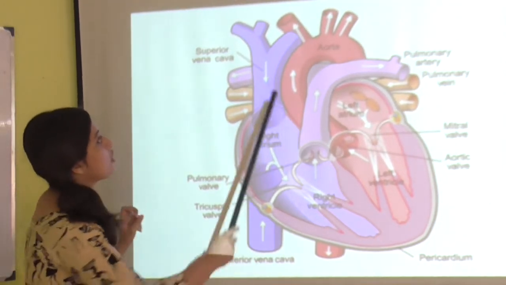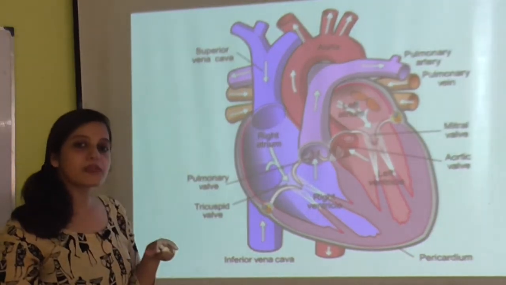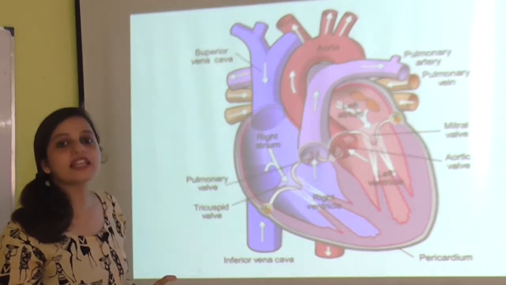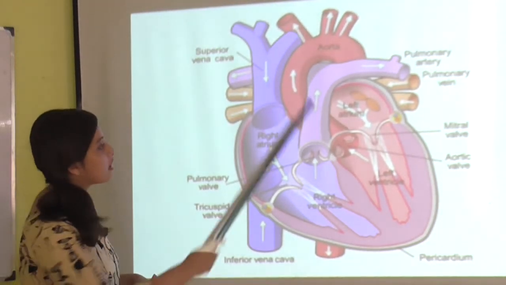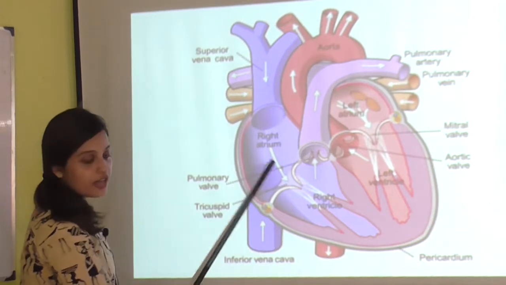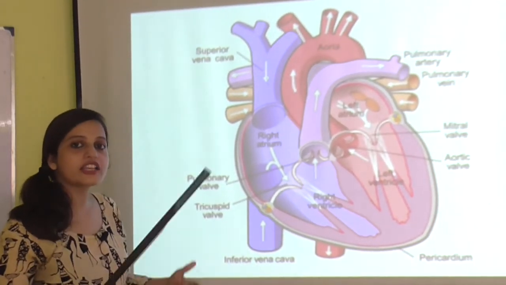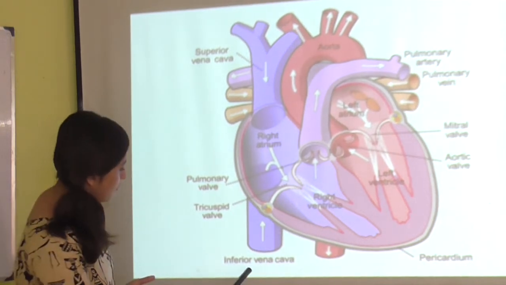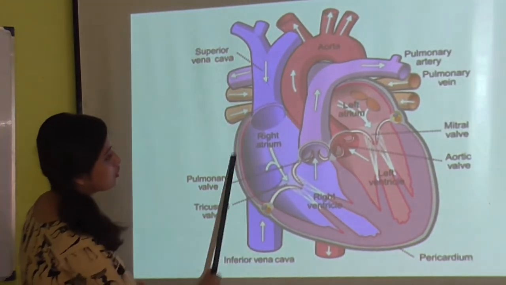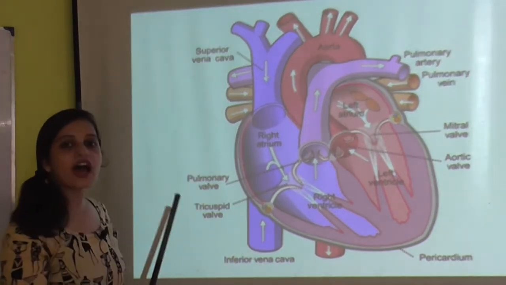From the superior vena cava, all the deoxygenated blood from the head and the thoracic parts of your body will come here and be collected here. From the bottom part of your body, from your legs and stomach, all the deoxygenated blood will come from the inferior vena cava and be collected here. So what is this place called? This is the right atrium or right auricle.